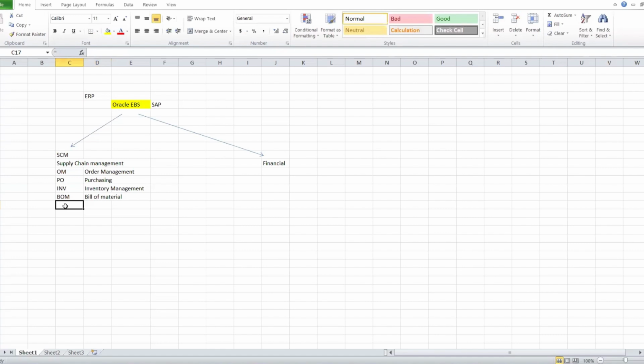One is WIP, that is called work in progress. And one is advanced pricing. In the advanced pricing module, we are tracking each and every item price.